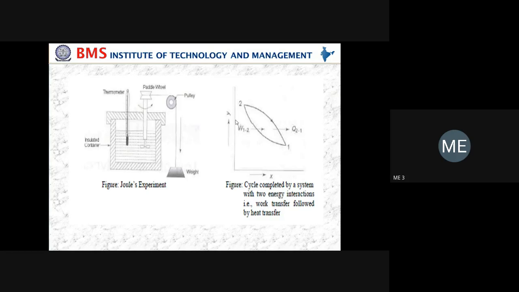So 1 to 2 is the work done on the system. Starting, we have the pressure P1, V1 and T1, so that after performing the work on the system, it reaches state 2, that is P2, V2 and T2. After removing the adiabatic wall, the system interacts with the surroundings and attains the common equilibrium condition, represented by Q2 to 1.